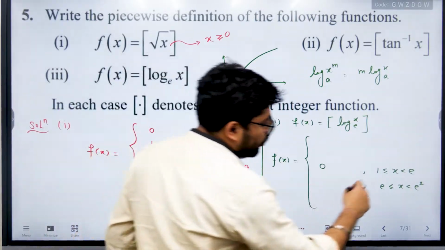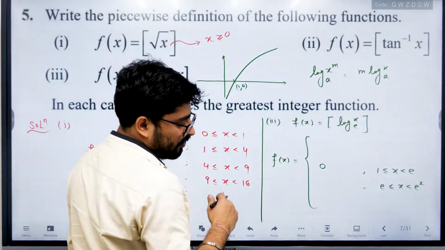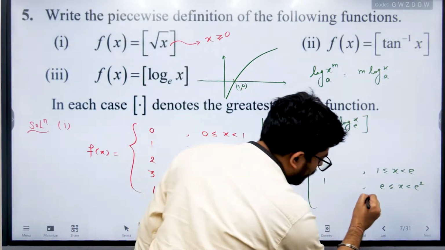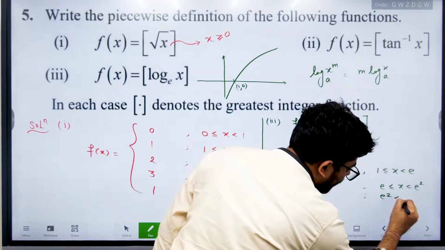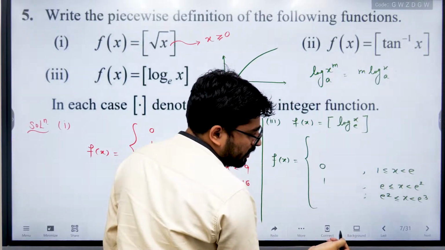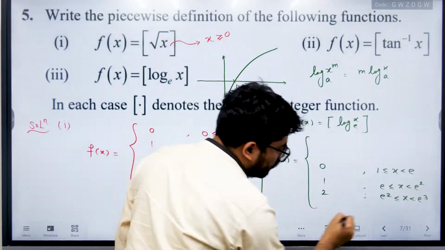So e to e square value lies between 1 to 2, 2 open, so greatest integer is 1. Next, e square to e cube value lies between 2 to 3, 3 open, so greatest integer gives you 2.